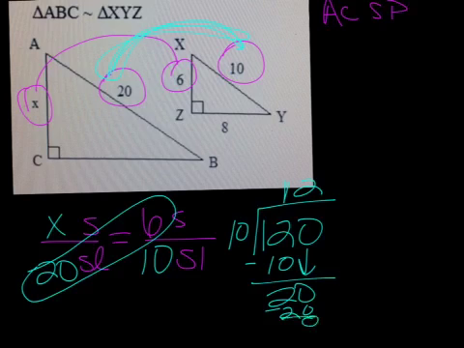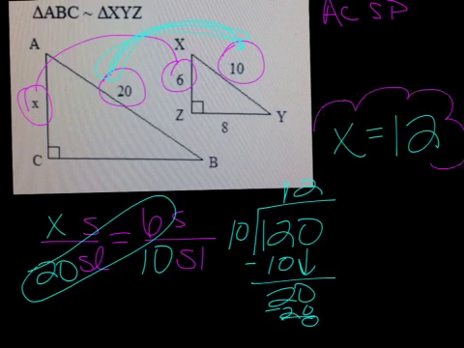So what does x equal? X equals 12. Notice I did not put a label on it. That's because they didn't give me a label. If they do not put a unit in the problem, then you do not need to write that in the answer. But if they put inches, then you need to put inches.